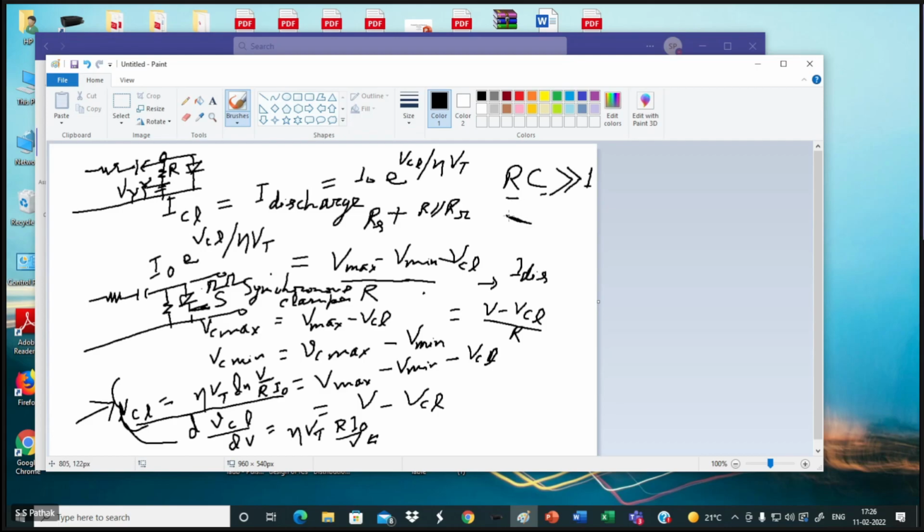If C is very large, this tip will be almost flat. So C is very large and R is very large because discharge also should not take place here. So it will be almost constant here. It will come like that.